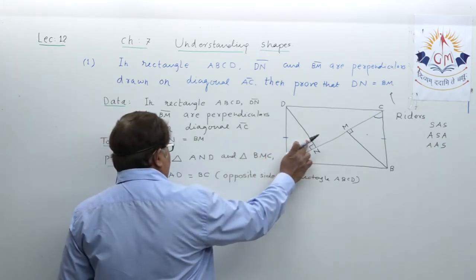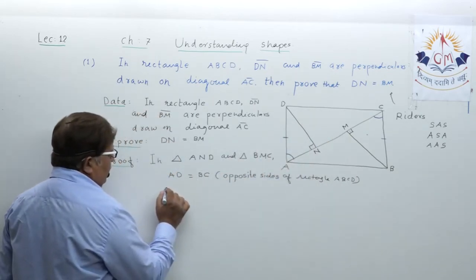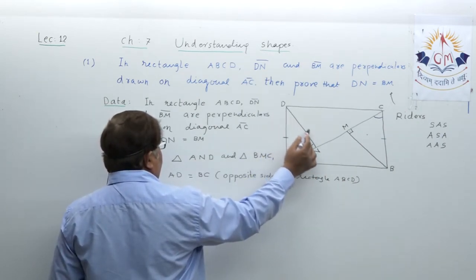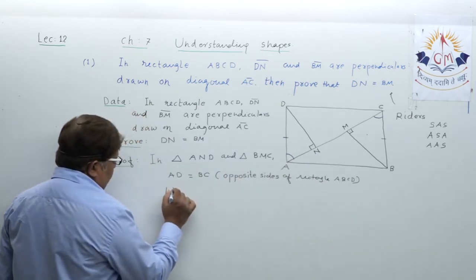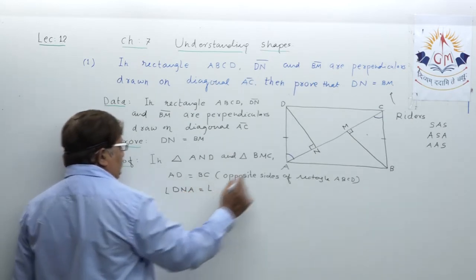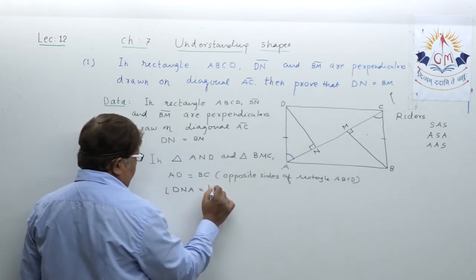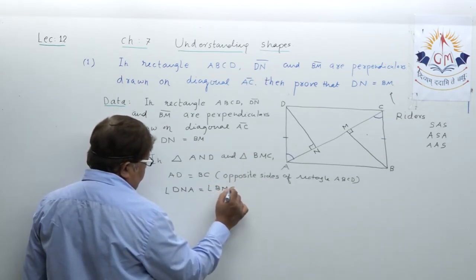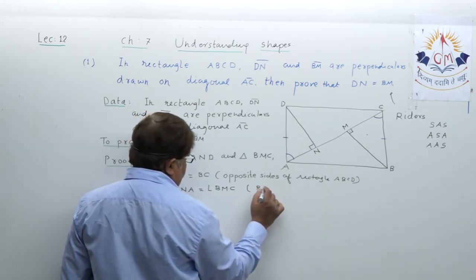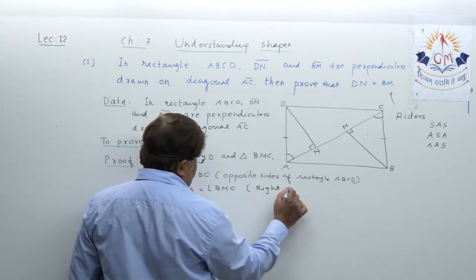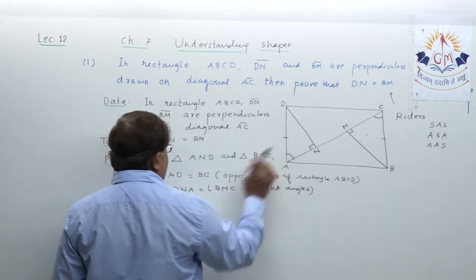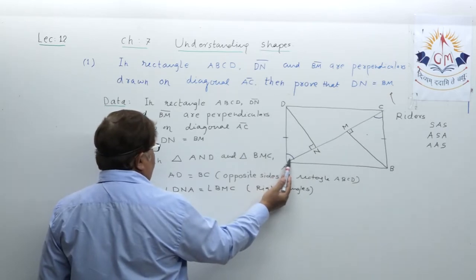Second, dear student, talk about this angle. I may speak A and D, I may speak D and A, all are equal. Let us, to be varied, write angle DNA equal to angle BMC. Why are these two angles equal? You can produce the reason that they are right angles. Okay. And third, my dear student, name this angle.